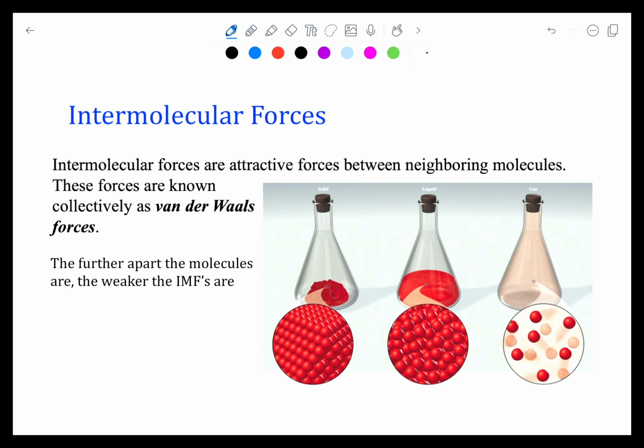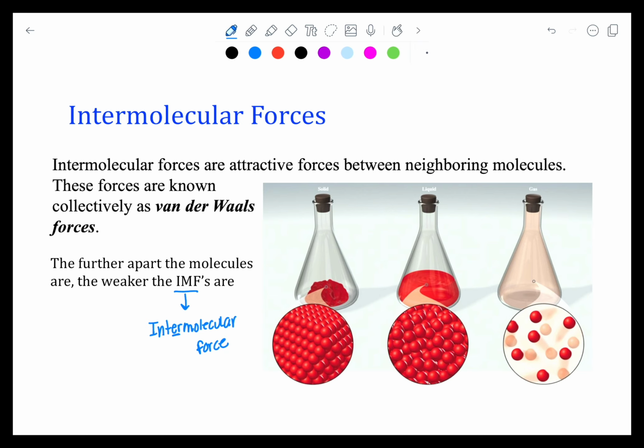The further apart the molecules are, the weaker the intermolecular forces are. So IMFs is how I denote intermolecular forces. It'll always be inter, not intra. We never show intra as IMF. IMF is always intermolecular forces.